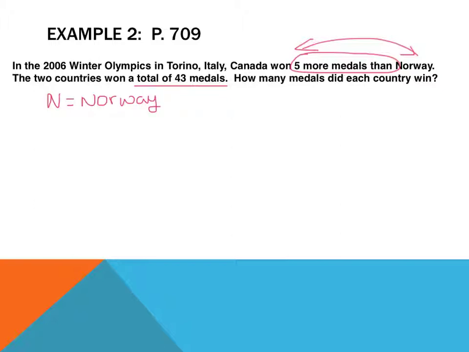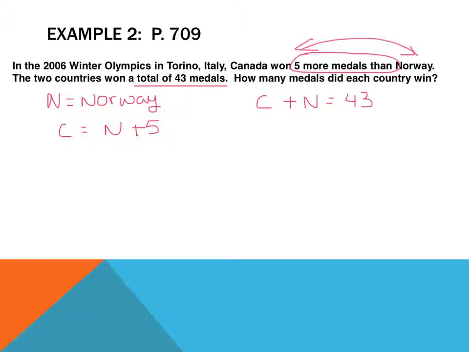So Canada won 5 more medals than Norway. So Canada is going to be Norway plus 5. The two countries won a total of 43 medals, so that means that I have Canada plus Norway equals 43 medals.